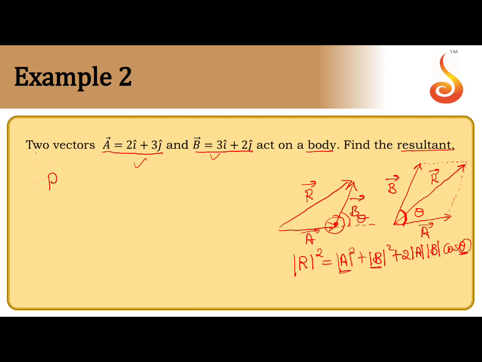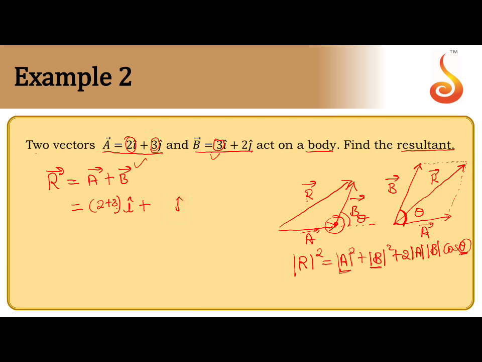The resultant here is given by R vector is equal to A vector plus B vector. This will be equal to, when you are adding these two, keep i common. Whatever is the coefficient of i in both the vectors, add them. 2 plus 3 plus, keep j vector common.